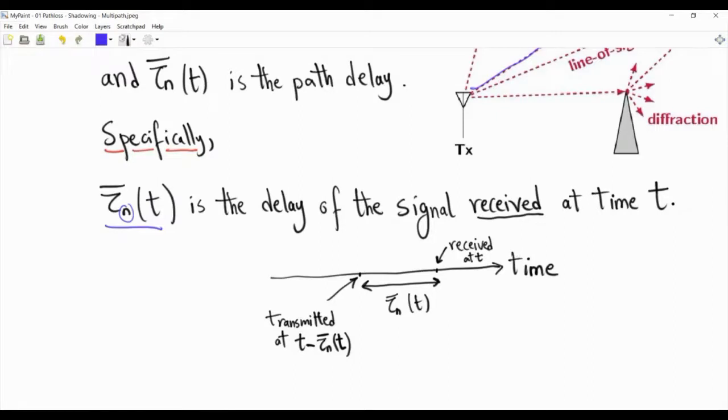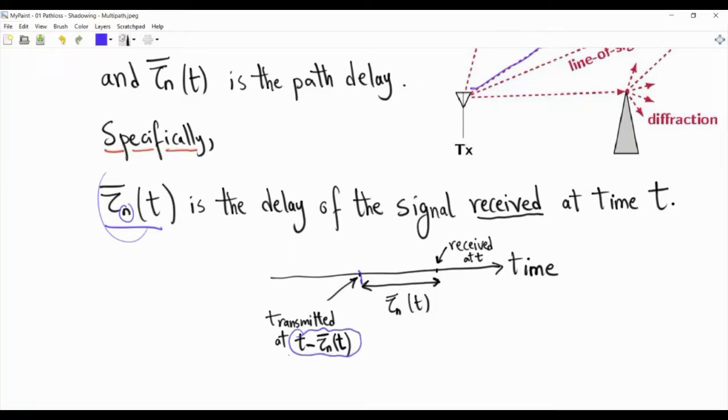Okay, so at time t there is a received signal in the receiver. This is the delay of that signal. In other words, the signal received at time t comes with a delay equal to tau bar of t. It means that the signal received at time t was transmitted at time t minus tau bar of t.